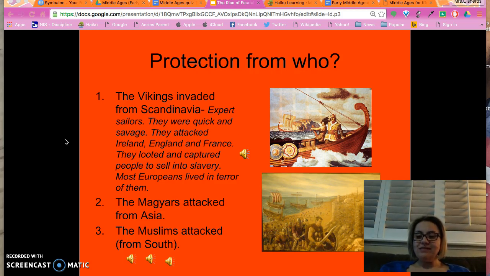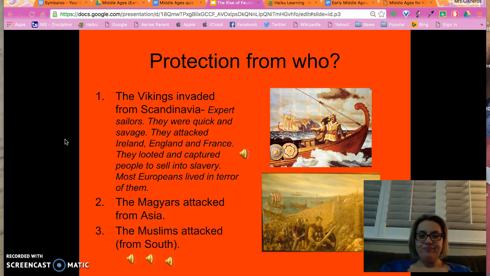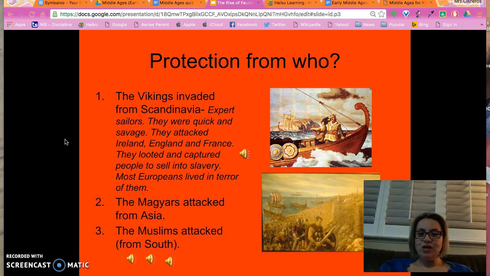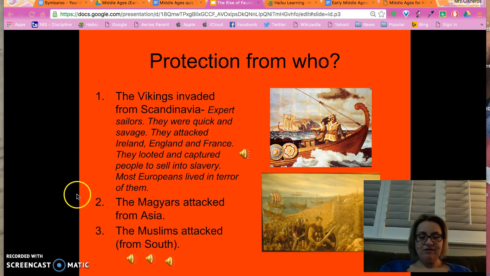Most Europeans lived in terror of them. The Vikings were not liked and they were feared. The Magyars attacked from Asia, and the Muslims attacked from the south.